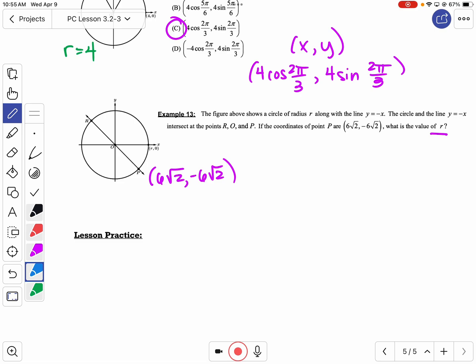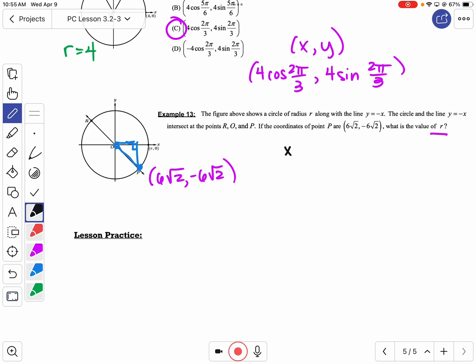So if I know point P, does the radius change depending on what quadrant I'm in? No, the radius is constant. So if we thought about the right triangle that got me to that point, x was 6 square root of 2, y was negative 6 square root of 2, could I find r?